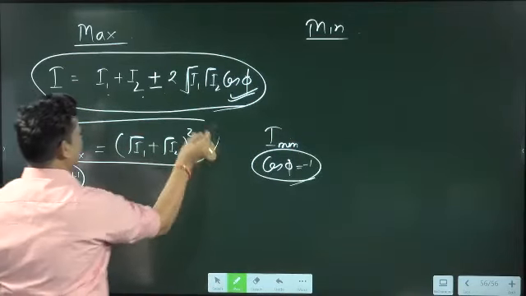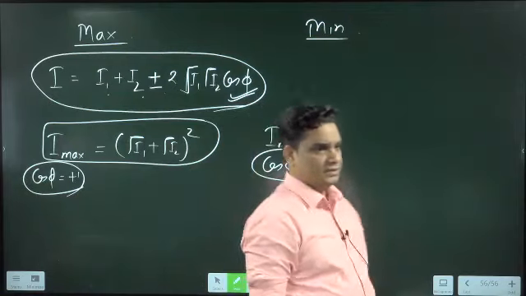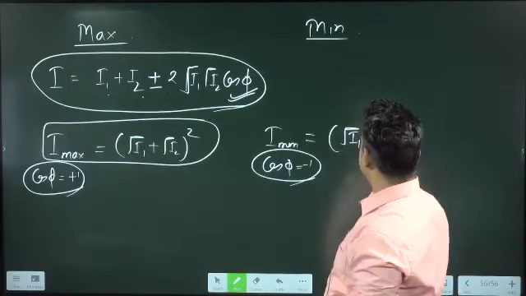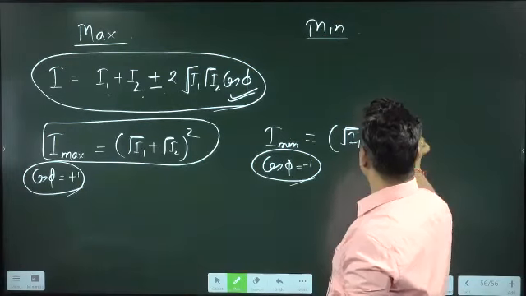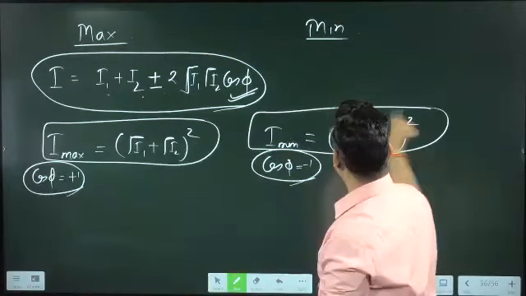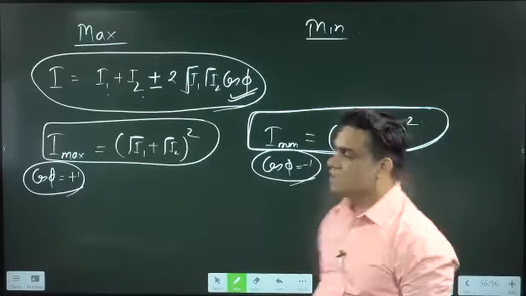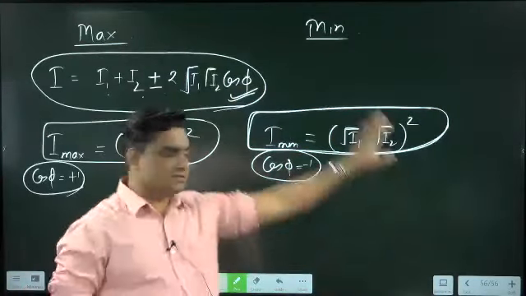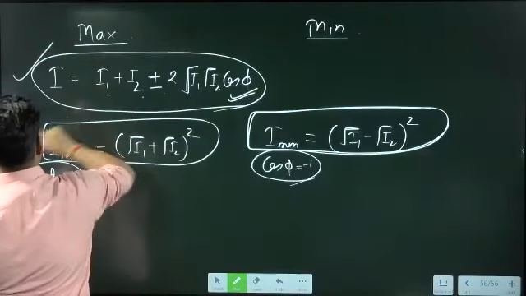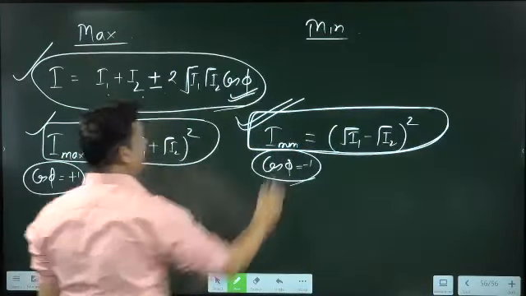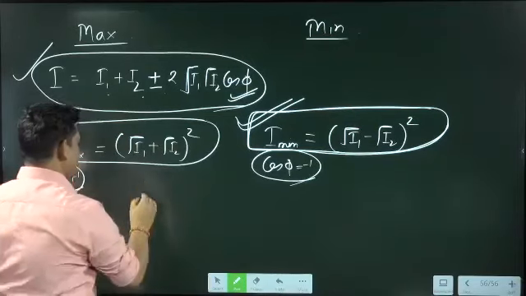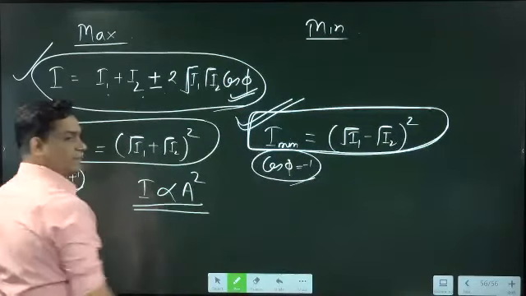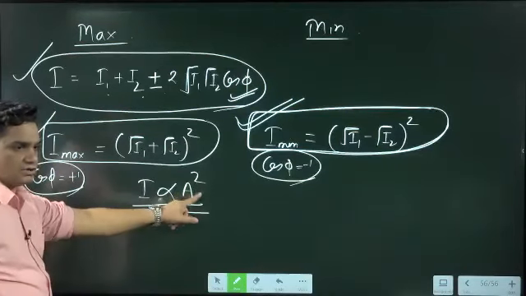You have to remember this formula directly. And I min will be root of I1 minus root of I2 whole square. You have to remember this directly also. I max you have to remember, I min also, and all these three formulas. And one more thing to remember: I is proportional to A square. The relation between amplitude and intensity is this.